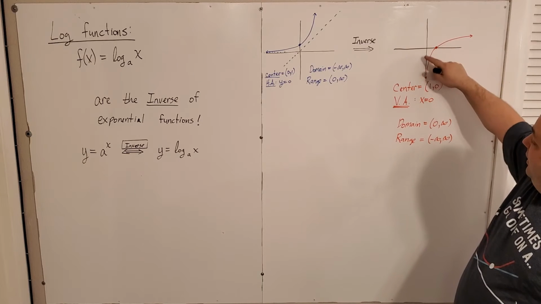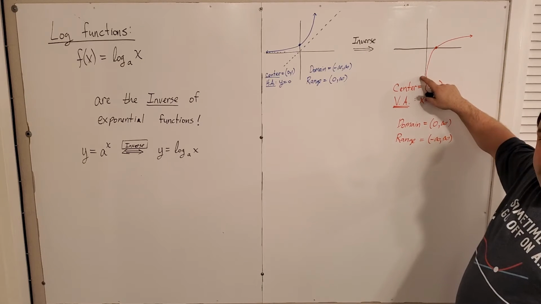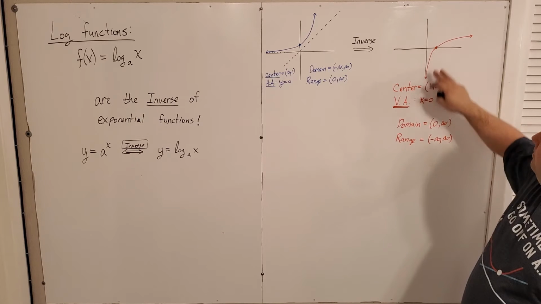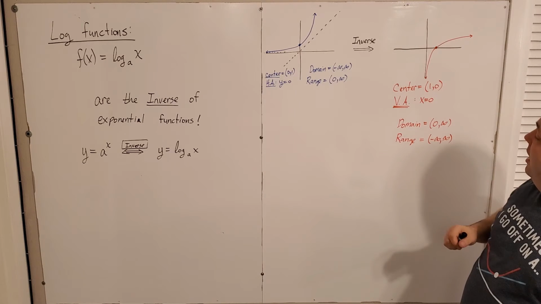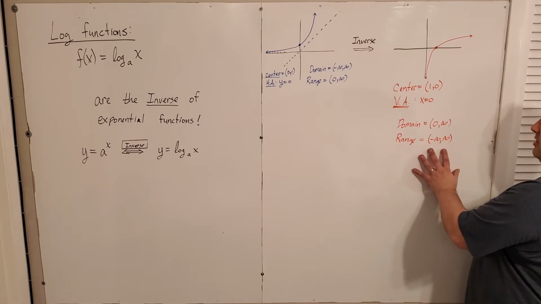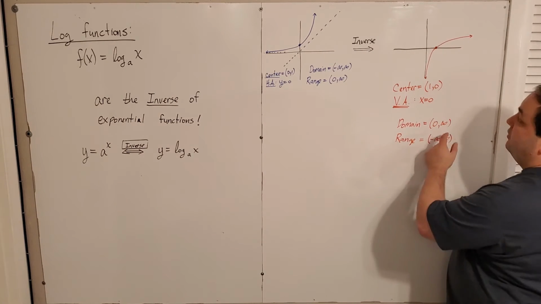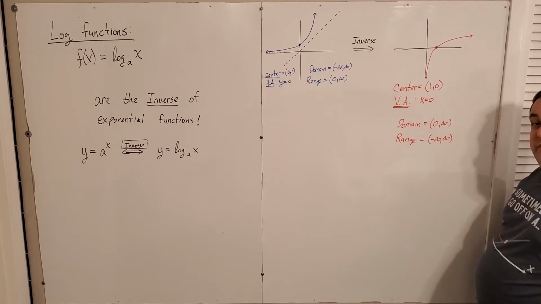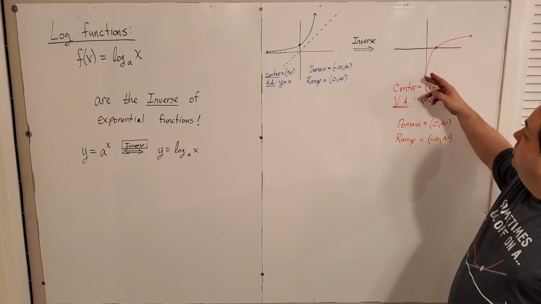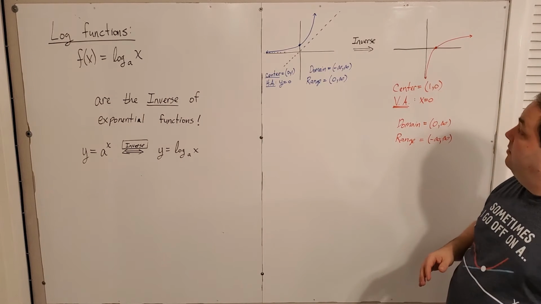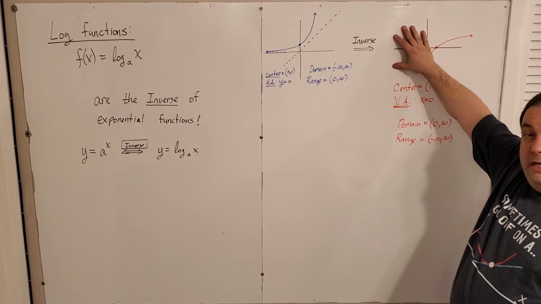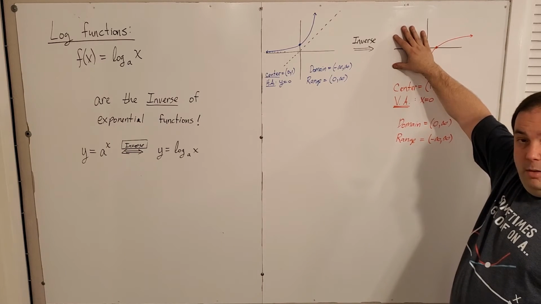And that's what's happening. I'm getting a vertical asymptote here. So the center is now 1, 0, I have a vertical asymptote on this side, and the domain and range have swapped. The range is now all real numbers, and the domain is only from 0 to infinity. We don't do logarithms of 0, and for what we're studying, we stay away from logarithms of negatives. Those tend to be imaginary and complex.